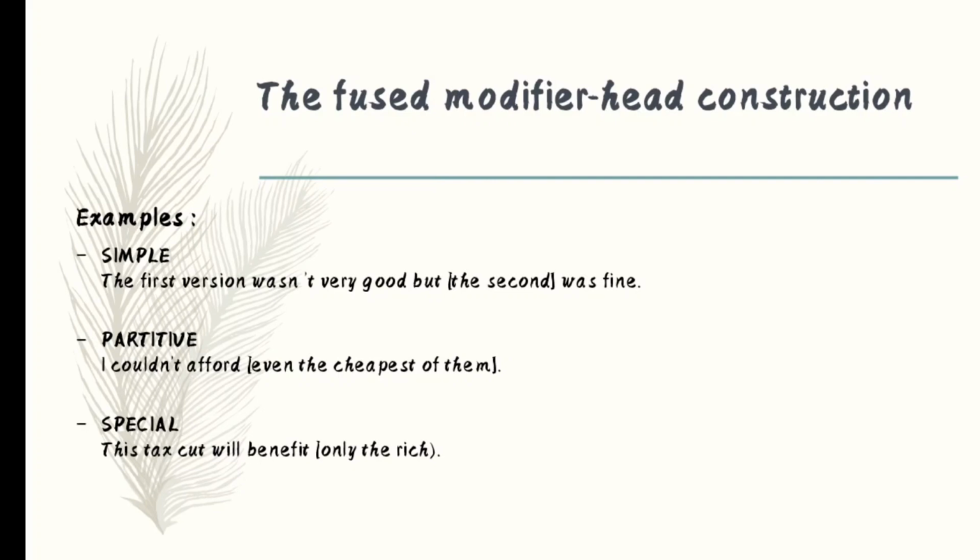It is a superlative form. Cheapest cannot be a noun. In special: this tax cut will benefit only the rich. It is a special interpretation. The form in this special construction can be clearly identified as an adjective.